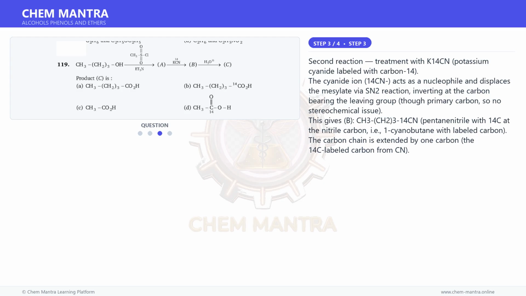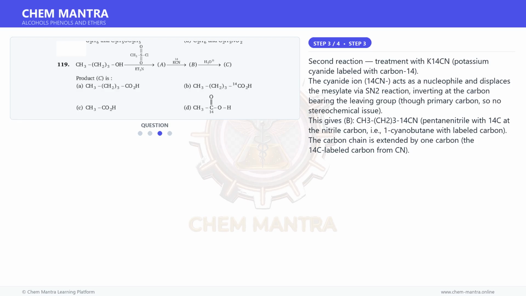Moving on to the next step. Second reaction, treatment with K14CN, potassium cyanide labeled with carbon-14. The cyanide ion, 14CN-, acts as a nucleophile and displaces the mesylate via an SN2 reaction, inverting at the carbon bearing the leaving group, though it is a primary carbon, so no stereochemical issue.